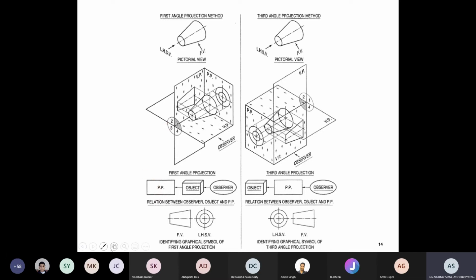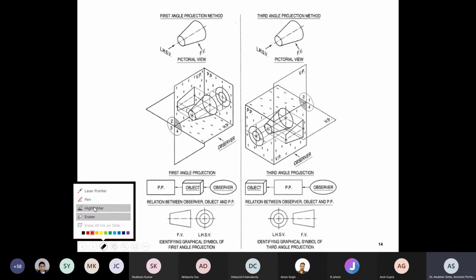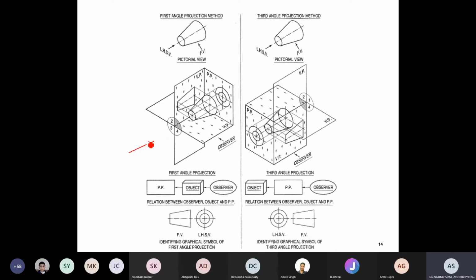For example here, I am looking from this side, but the projection plane is behind this object. You can see this is the object. I am looking from here, so whatever I am looking at, that I need to draw.